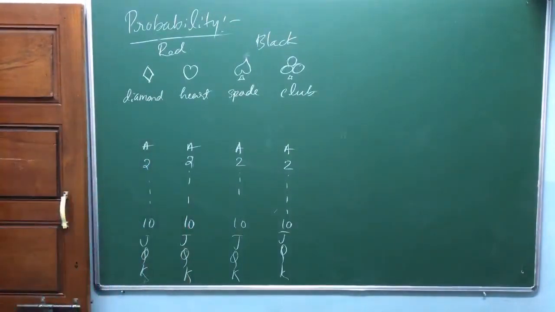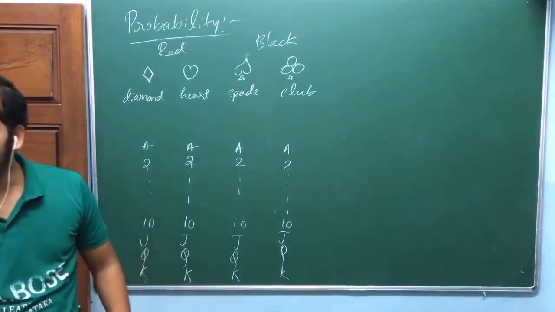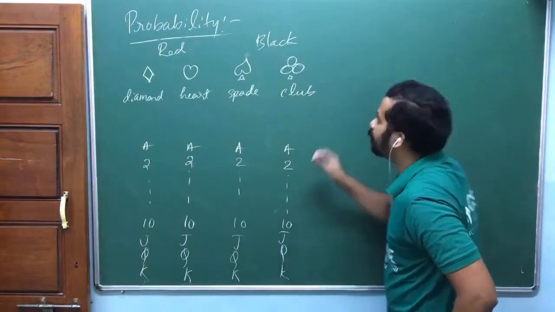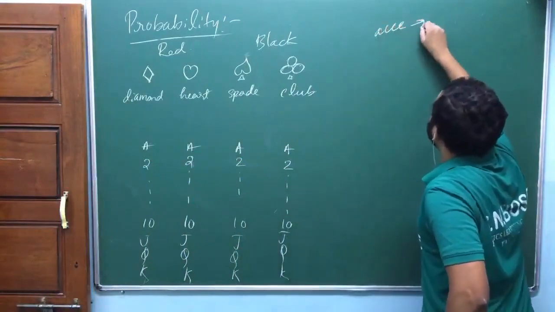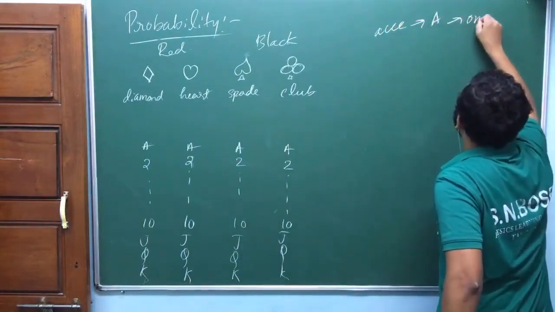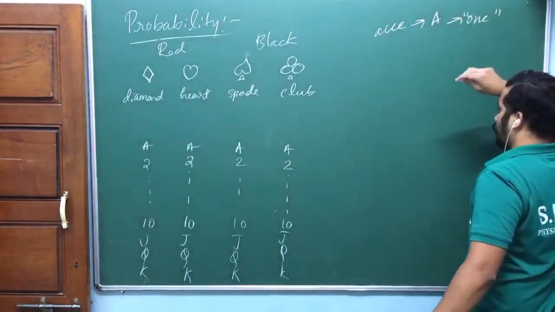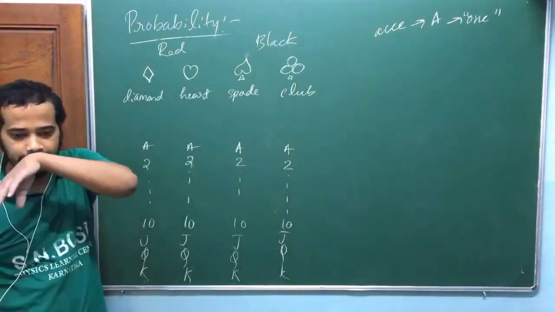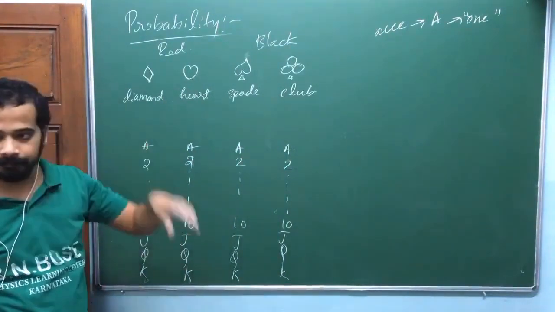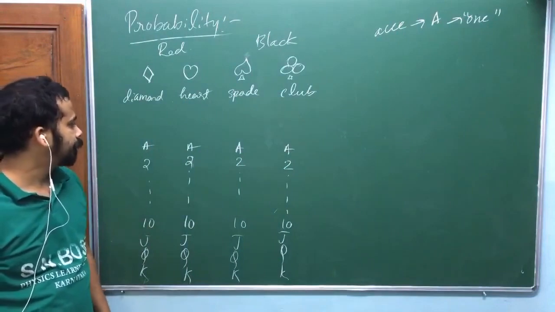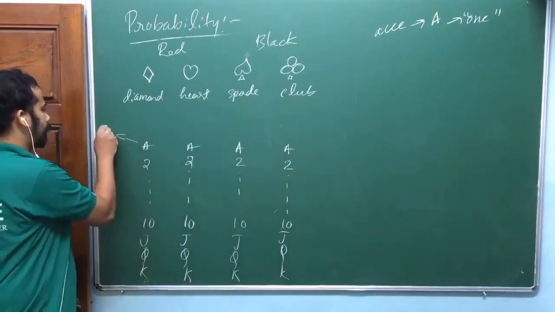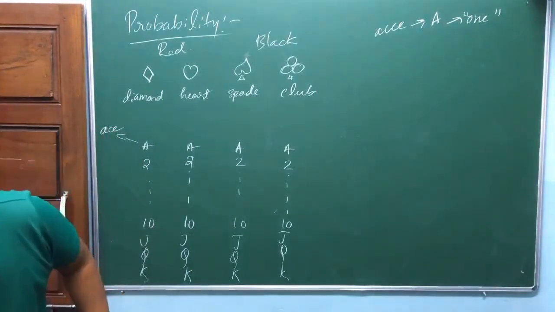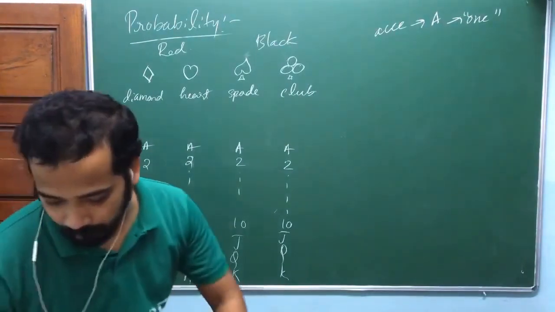Find the probability of drawing an ace or spade or both. Ace means 1, or Eka here; it is used in some other problems also. What is the probability of drawing an ace or spade or both?